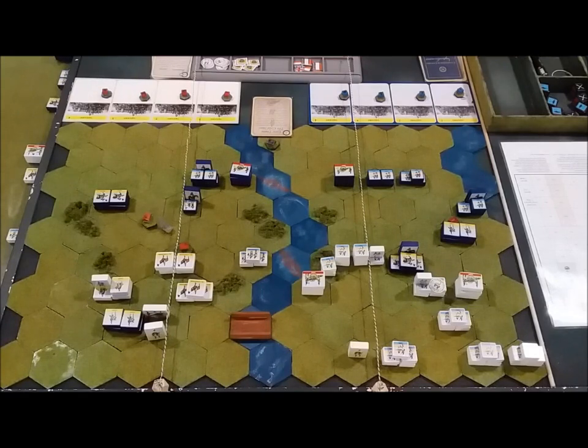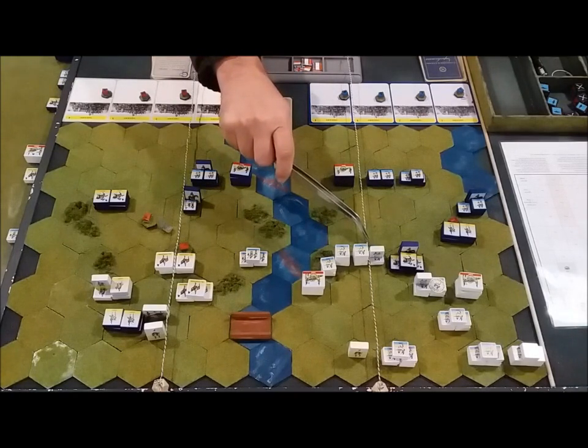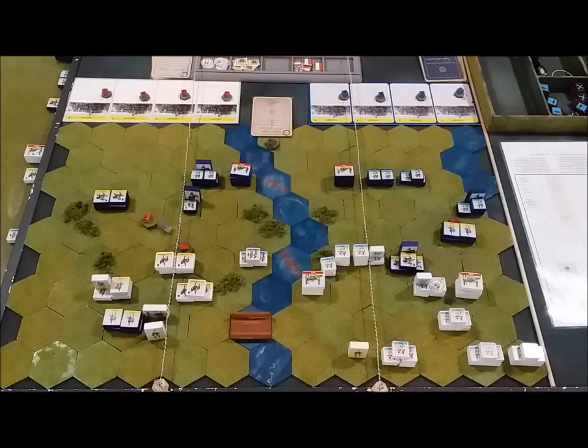Okay, so the first thing we're going to do is we are going to do this guy to here, and does the heavy cavalry wish to retire and reform?